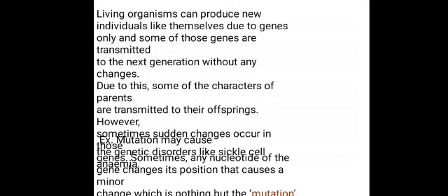When the characteristics of the parents are transmitted from one generation to another, at that time the structure of the genes, that means the sequence of the nucleotides present in the genes, suddenly changes, and due to that some characteristics change when passing from parent to offspring. This is called mutation.